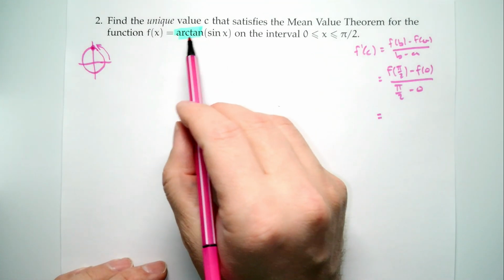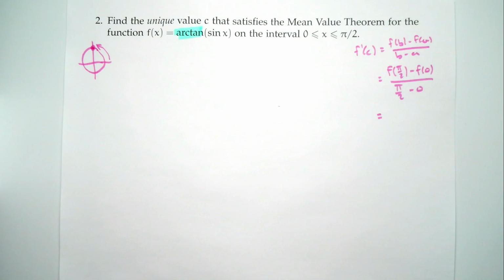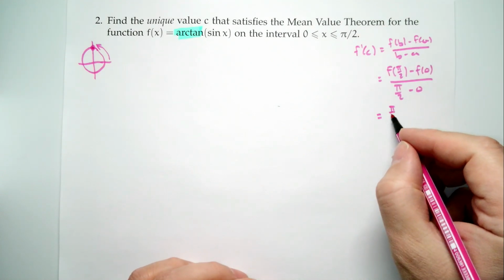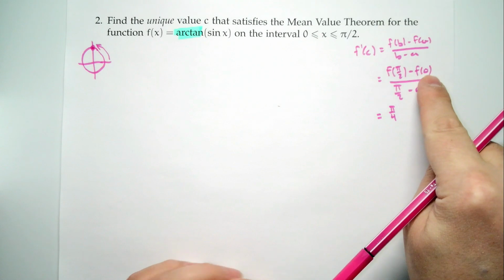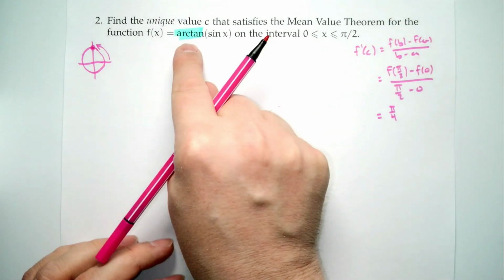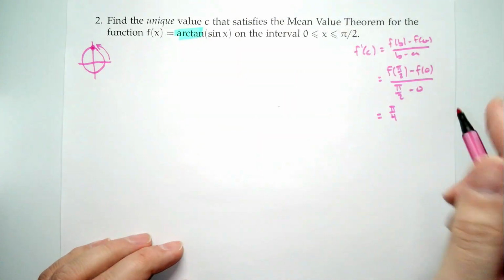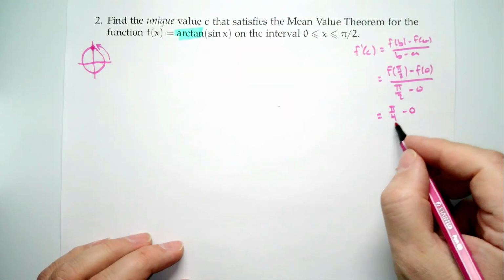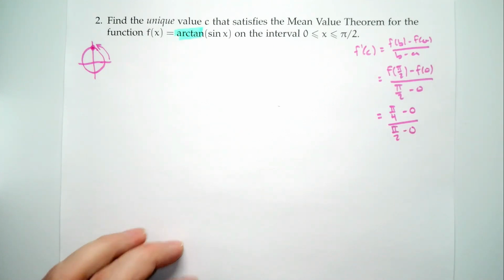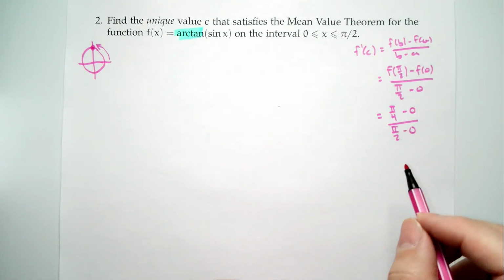Okay. So now we have arctangent of 1. What angle, when we take the tangent of it, gets us 1? And the answer is pi over 4. All right, 0. Sine of 0 is 0. Arctangent of 0 is 0. So pi over 4 minus 0, divide that by pi over 2 minus 0. Well, you can simplify that.